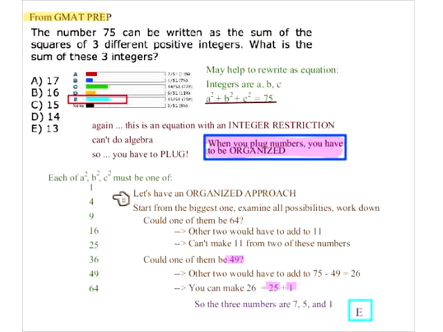You've got to just start plugging. The key is to be action heroes here. You can take a look at this for a few seconds and realize I have no algebra that will handle a 3-variable quadratic equation. There's just no way. So as soon as I see this, I should turn tail and start to plug.